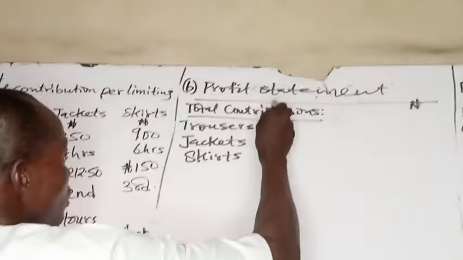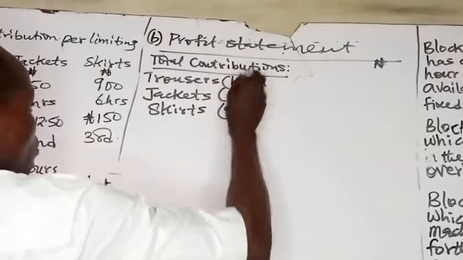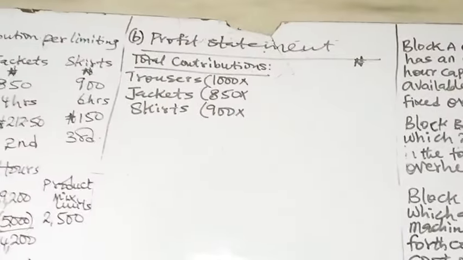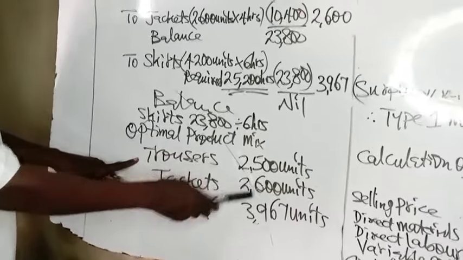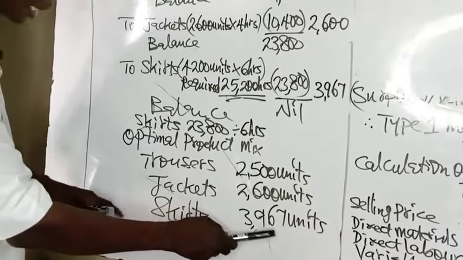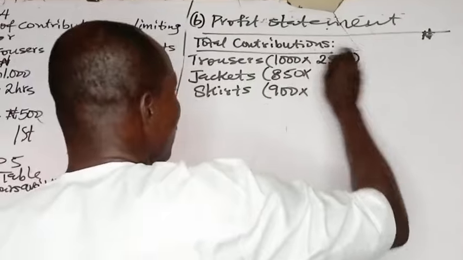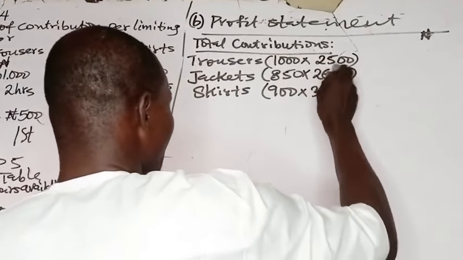You multiply by the maximum production of each product: trouser 2,500, jacket 2,600, skirts 3,967.